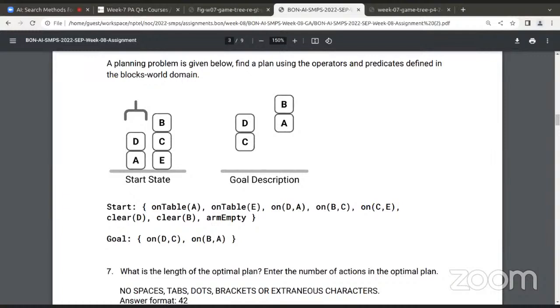It is 6 actions. In fact, we did it in 6, and this is the goal.